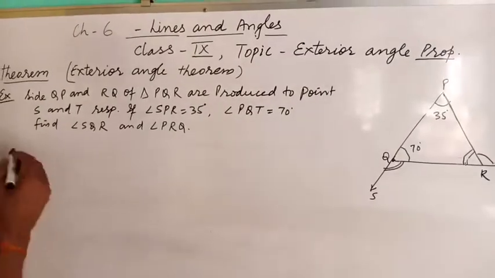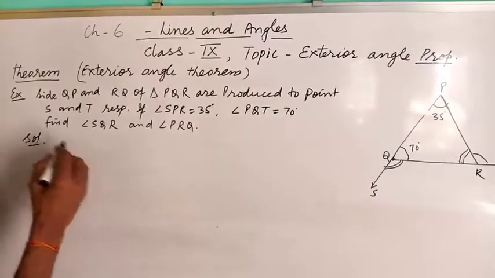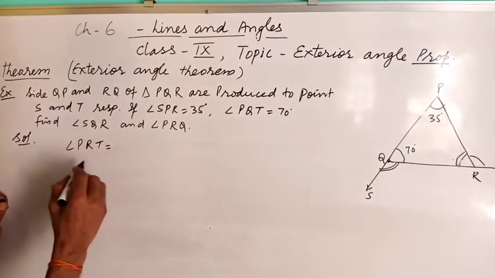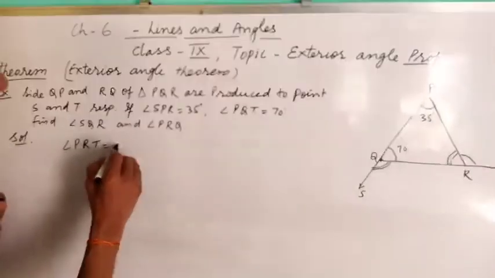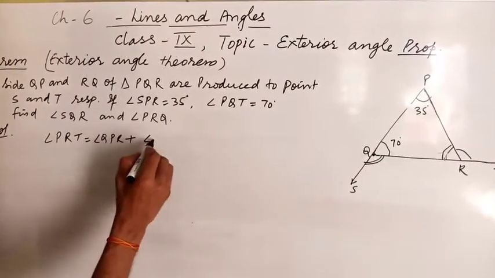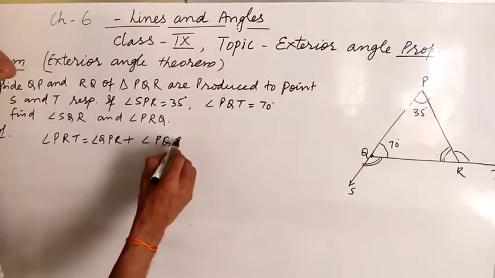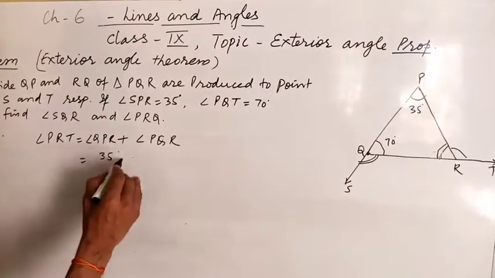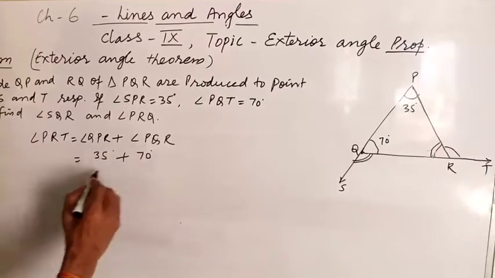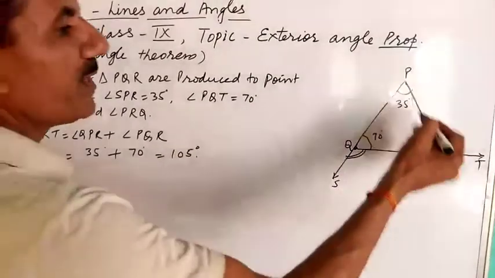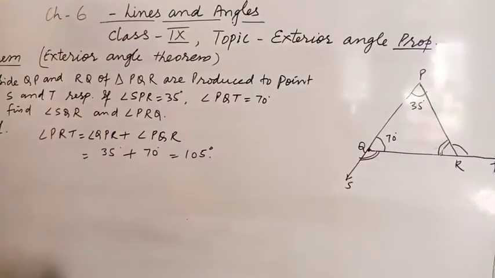So using this theorem, angle PRT is equal to angle QPR plus angle PQR. Both angles are given: 35 degrees plus 70 degrees is equal to 105 degrees. So PRT is equal to 105 degrees.